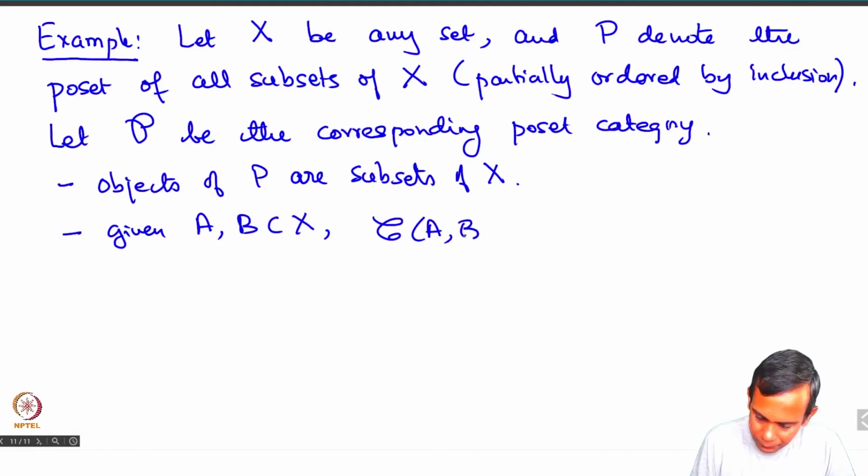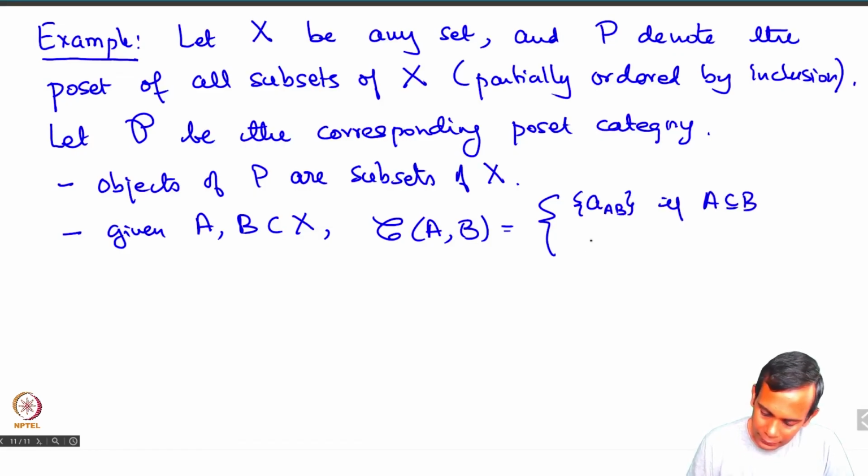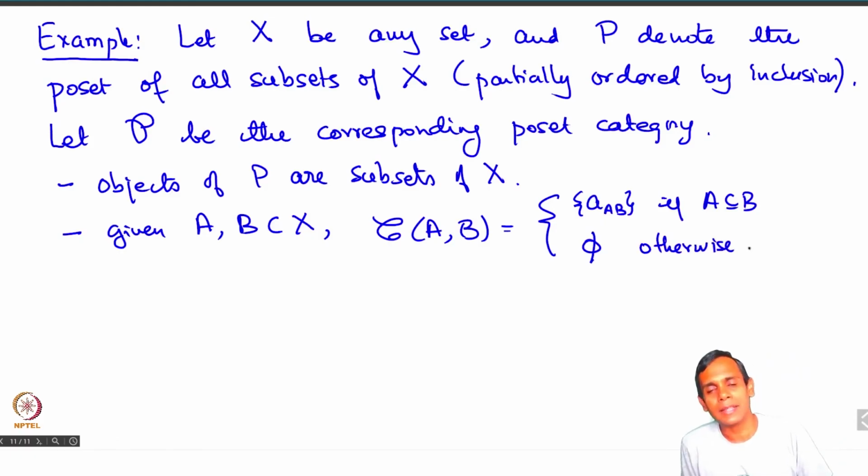C(A,B) is either a singleton set, maybe we'll call it the arrow from A to B, if A is contained in B, and it's empty otherwise. So this is a special case of the general category that we associated to a general poset, specialized to the case where the poset is the set of all subsets of a given set X.